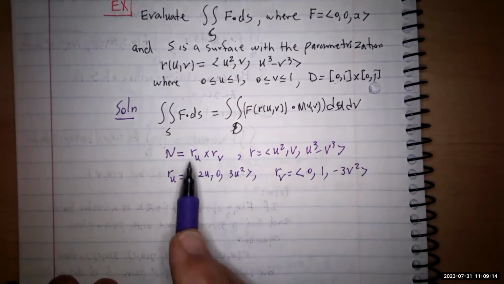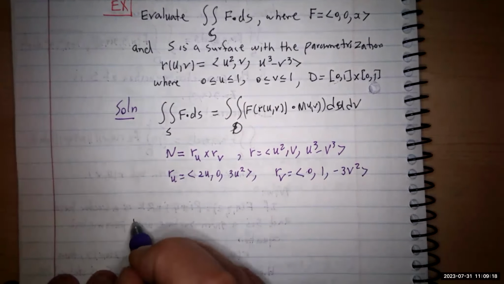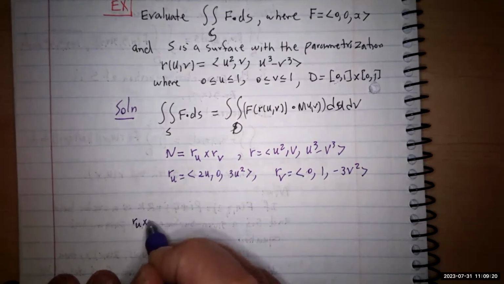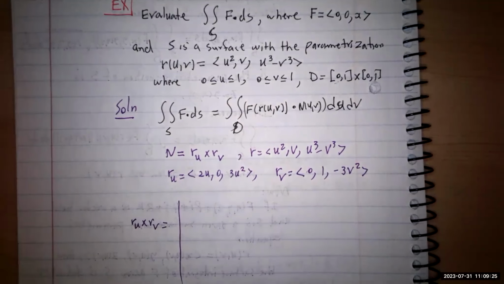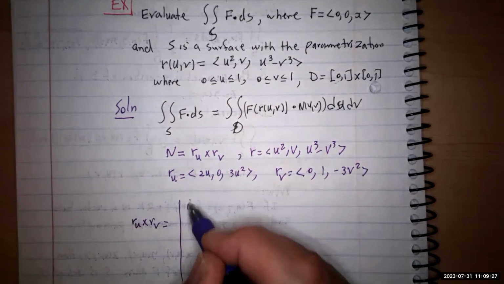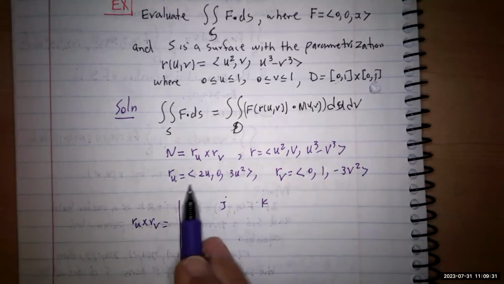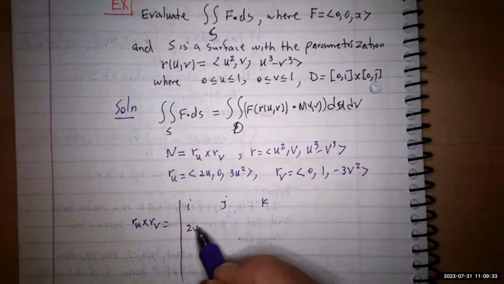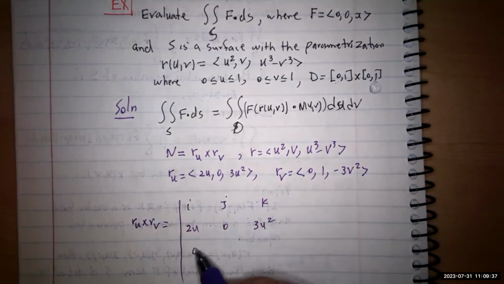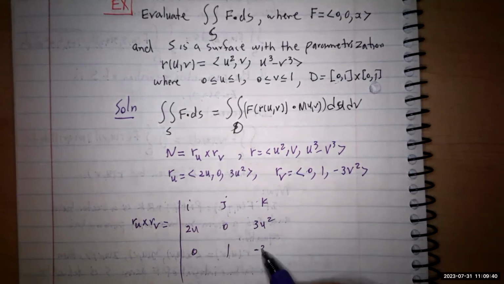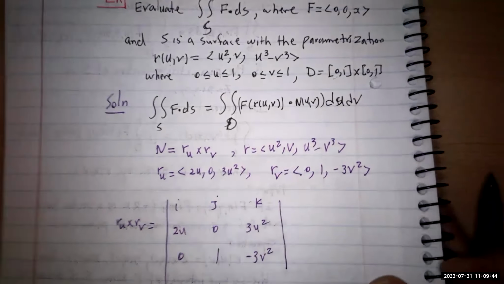Go and form the cross product r_u cross r_v. Remember it's i, j, k, with 2u, 0, 3u squared in the second row and 0, 1, negative 3v squared in the third row.